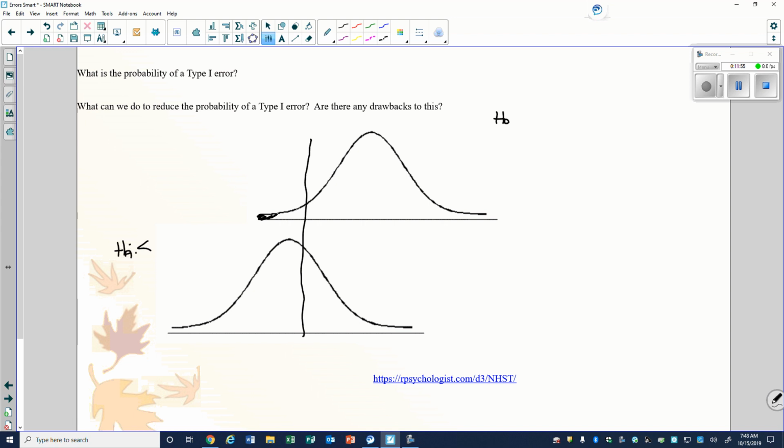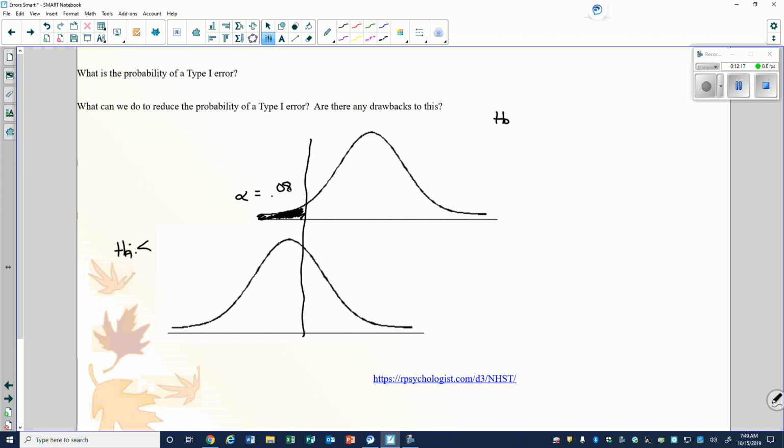So this little tail on the left, because this is a less than alternative, this is going to be considered alpha, and it's equal to whatever you want to make it. If you wanted to do an alpha level of 0.08 and have a 92% confidence in your final answer, you could certainly set it that way.